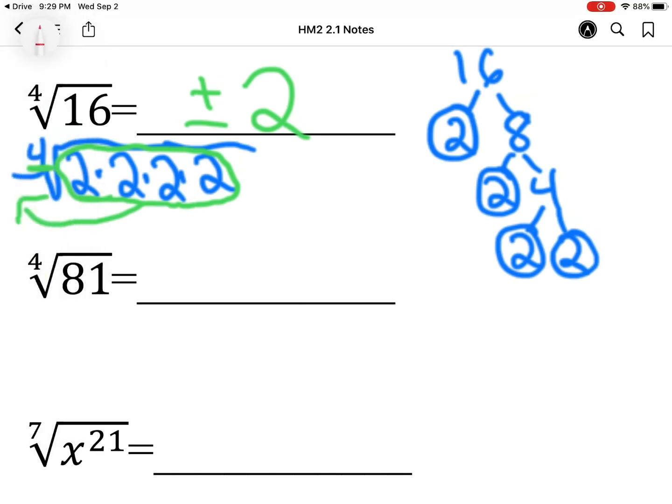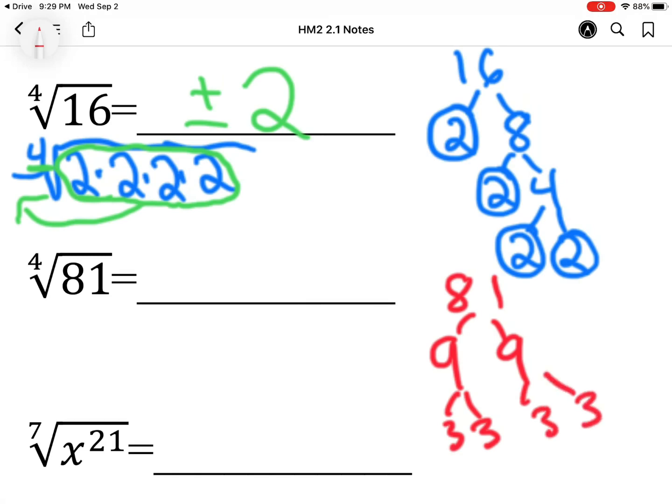So let's look at another one. Let's take our 81. What times what gives us 81? Well, you can start either way. Let's start at 9. So let's say you can only think that 9 times 9 is 81. Well, then we have to separate out our 9: 3 times 3 and 3 times 3.